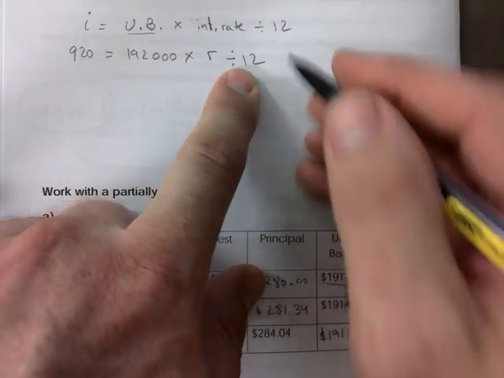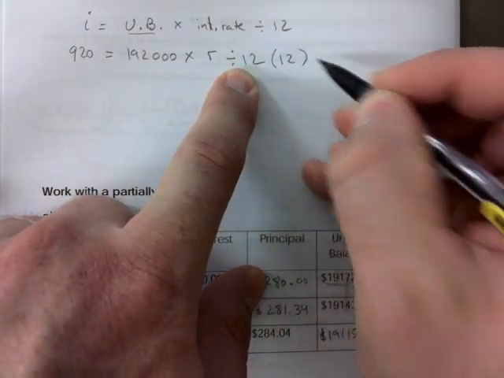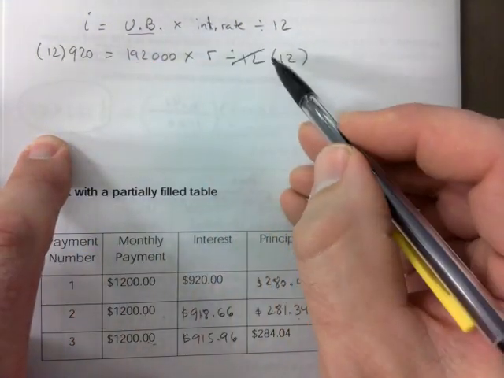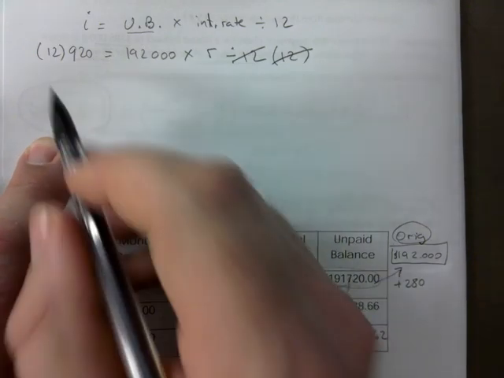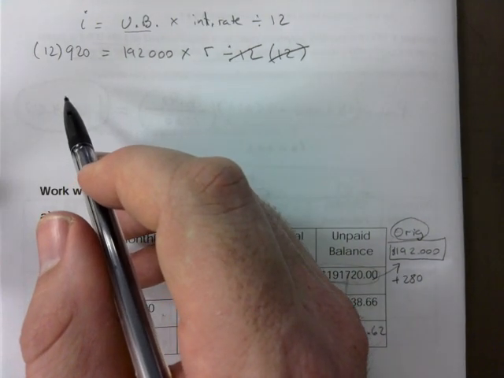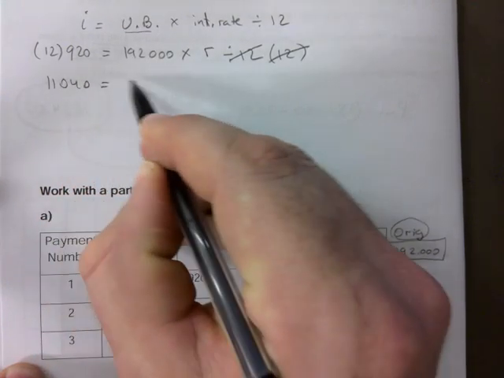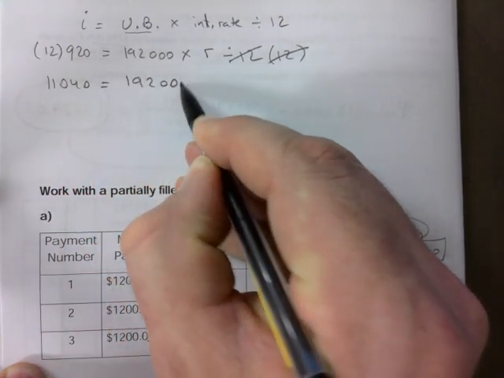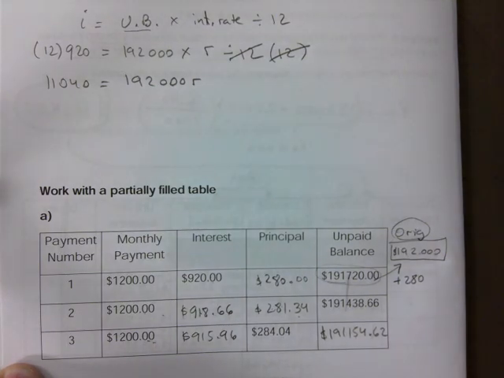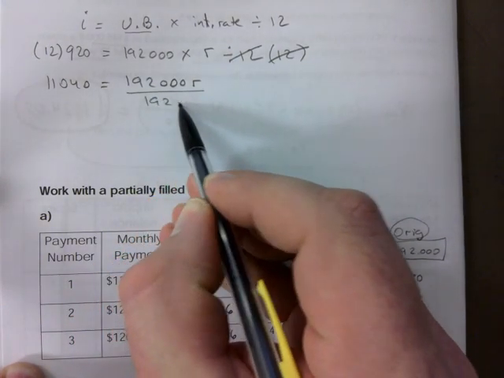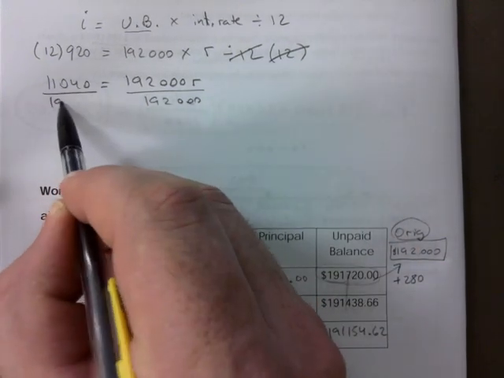I'm going to choose to get rid of this 12 here, so you multiply both sides by 12, right? So 920 times 12 is 11,040, and that's 192,000 R, really, if you want to put it that way. My next step is to take both sides and divide them by 192,000.